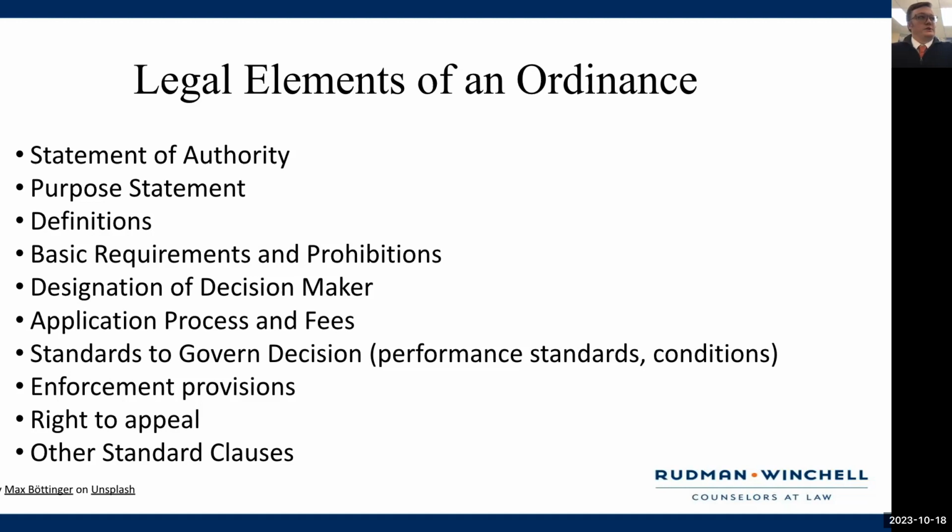One of the challenges that municipalities can get themselves into is particularly some older ordinances that haven't been updated will have the CEO issuing permits that are really discretionary in nature or have some of those discretionary standards. And the challenge there is that the CEO is not holding a de novo hearing. So if that gets challenged, there's no findings of fact for a subsequent reviewing body to get into.